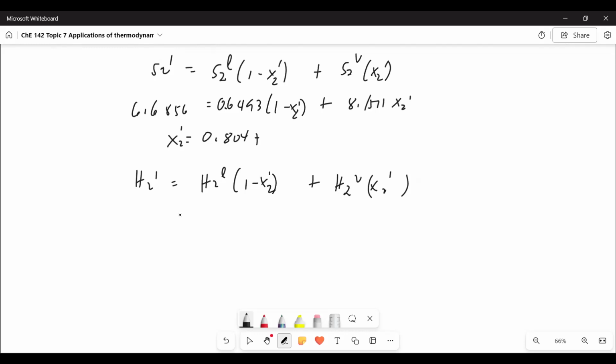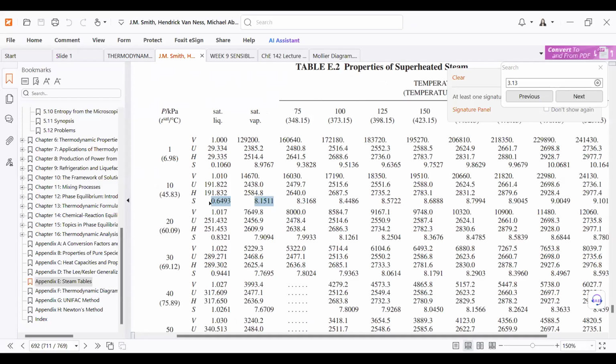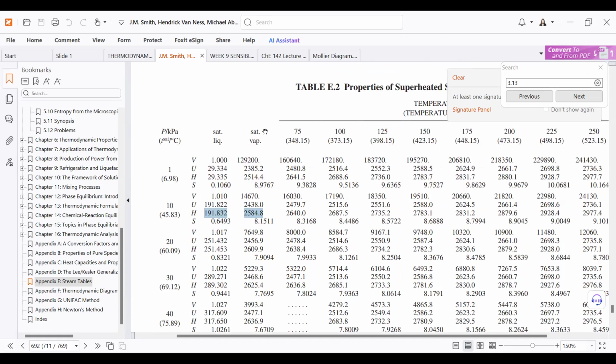Okay? So get the values H2L and H2V from the steam table at 10 kilopascal, saturated liquid and vapor.